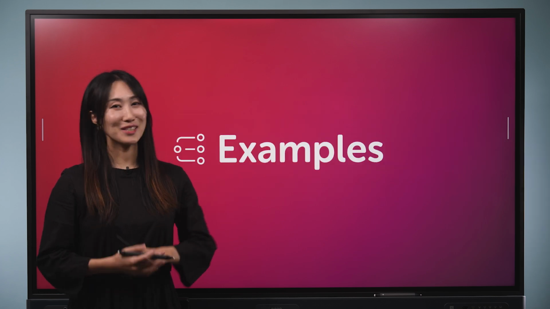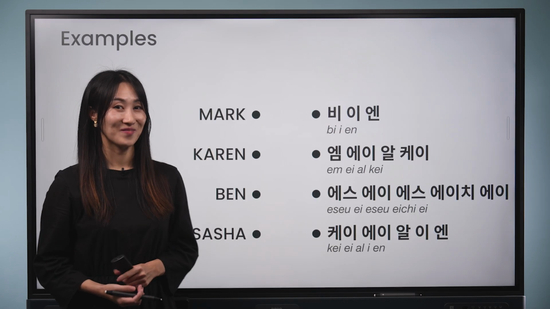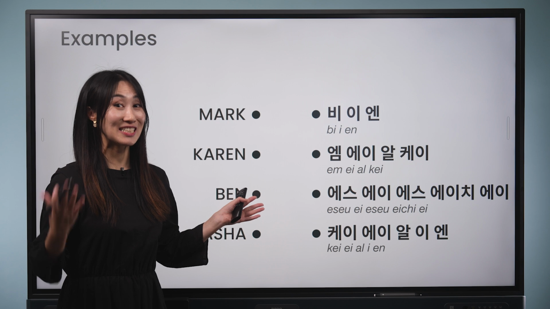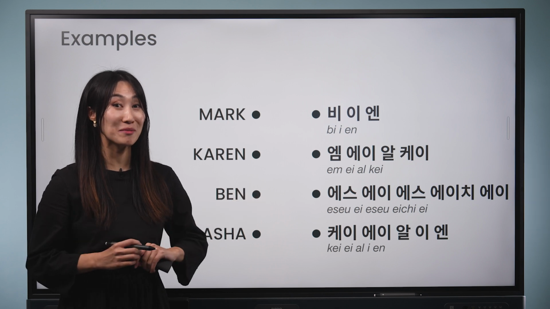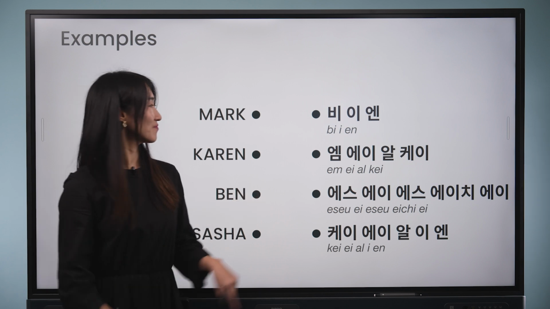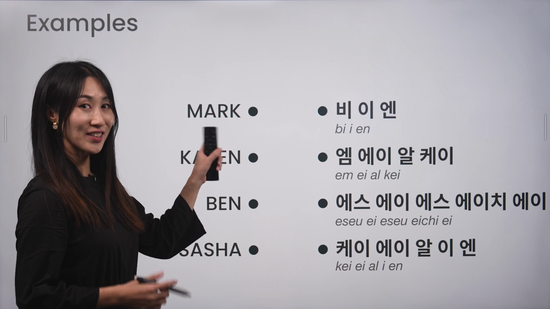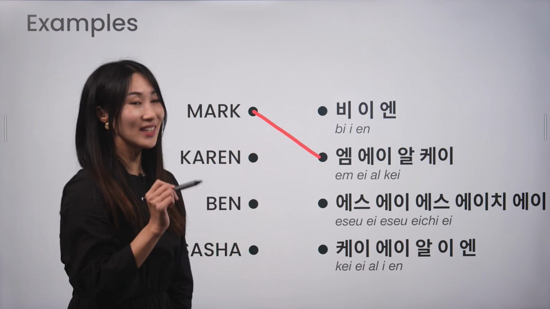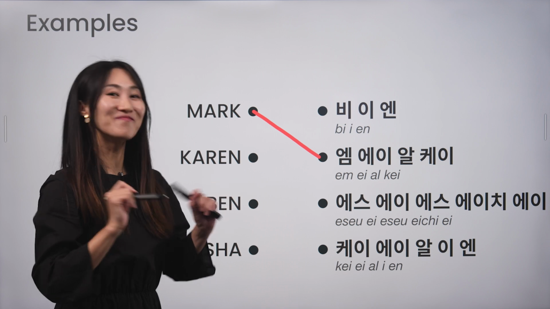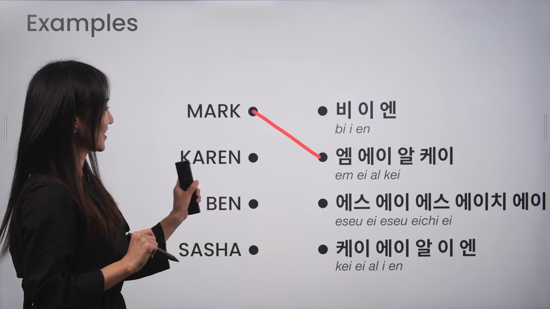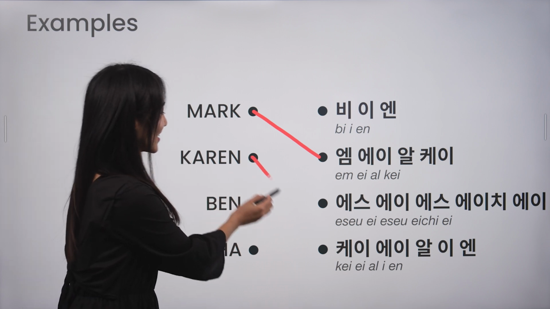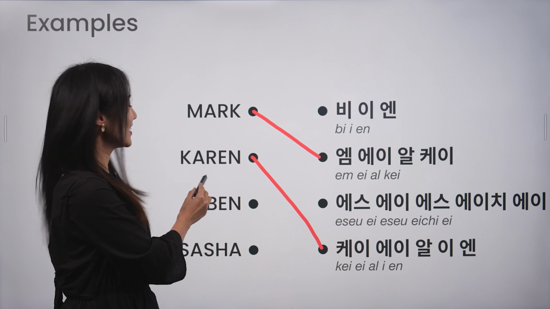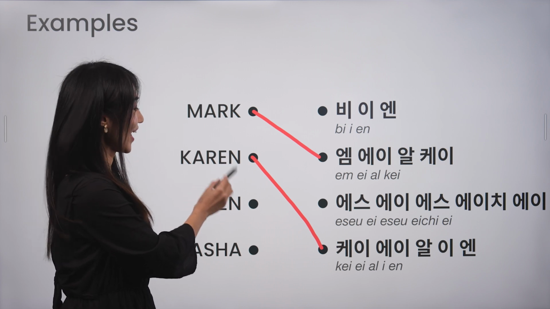Now, let's look at some speaking examples. First, let's match these names to how you will pronounce them in Korean when spelled out. M-A-R-K in Korean is M-A-R-K. Okay, how about this? This is K-A-R-E-N.